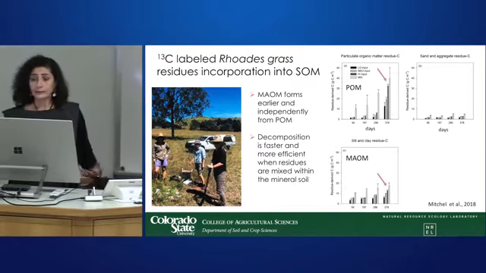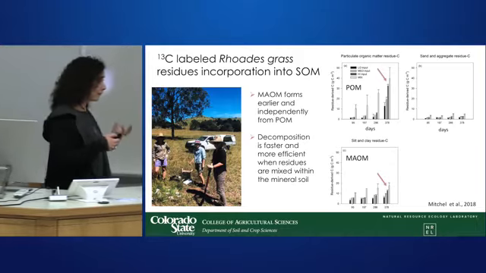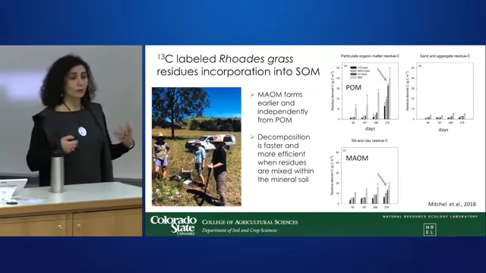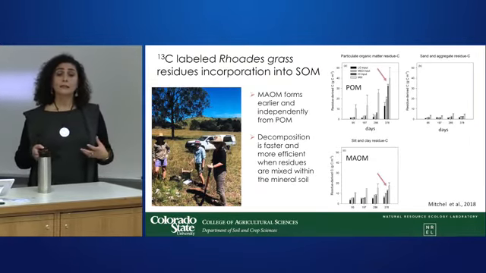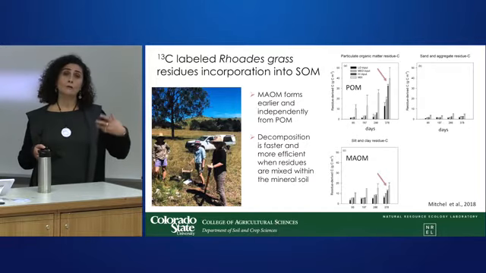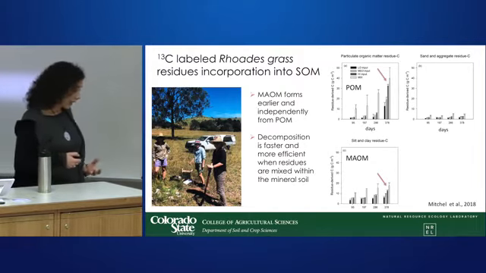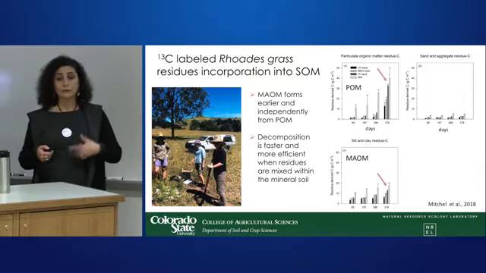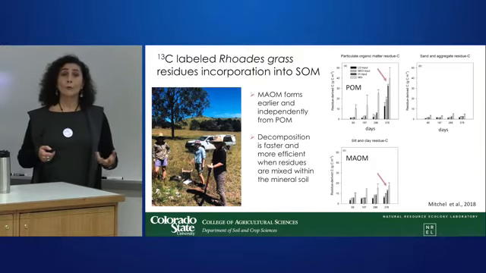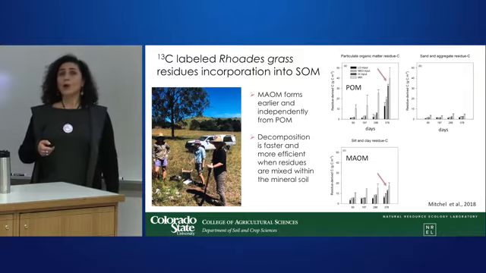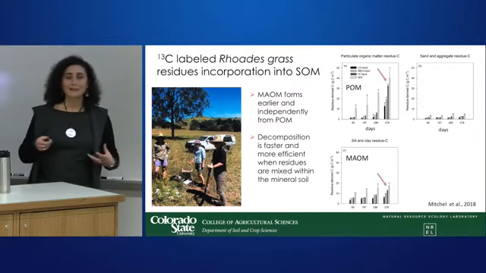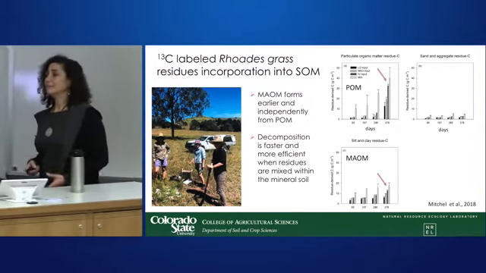So this information started giving us a confirmation of the idea that the soluble compounds would form MEOM, and that the structural compounds would form the light fraction and the POM. And so, you know, I like to play around with my geekiness.